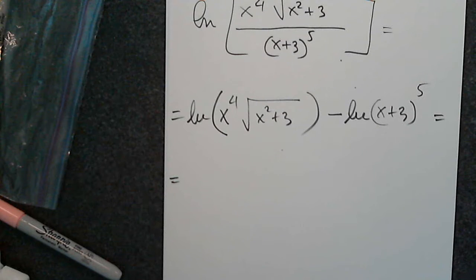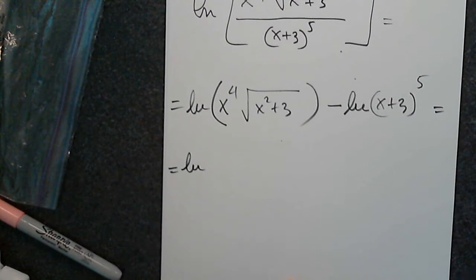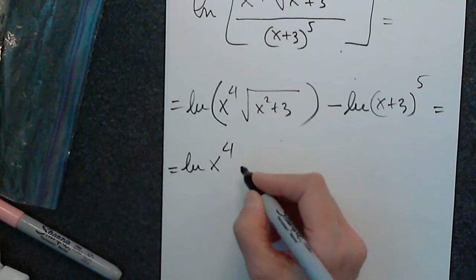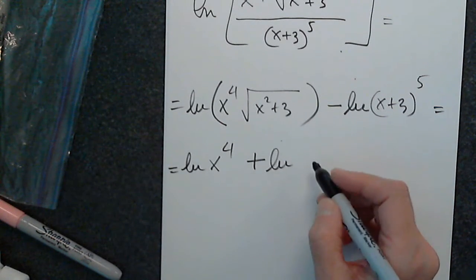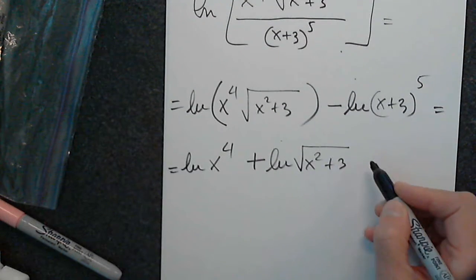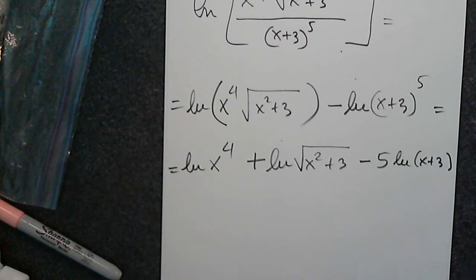There is a product in here. We apply the product rule. So then, natural log of x to the first plus excellent. Yes. And I can write here minus 5 natural log of x plus 3.